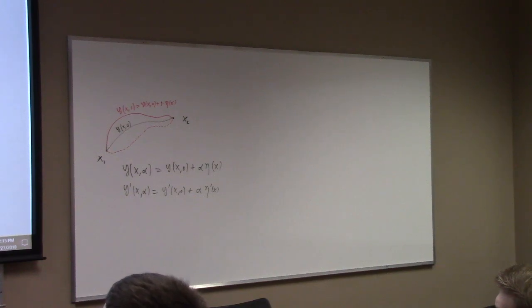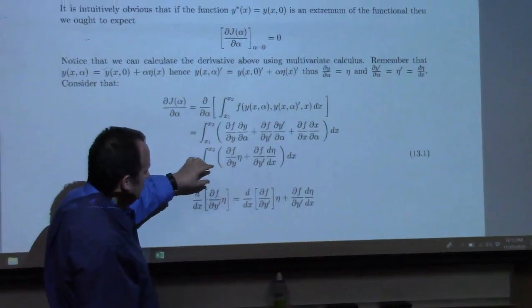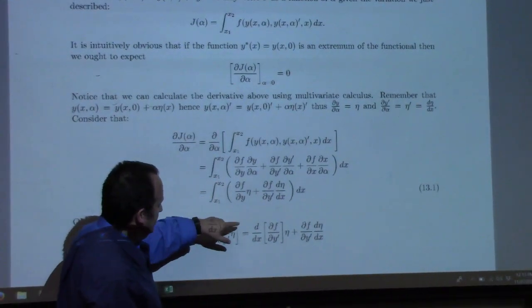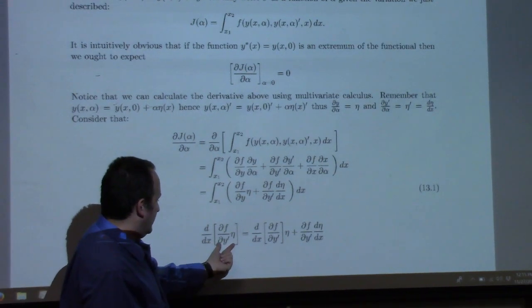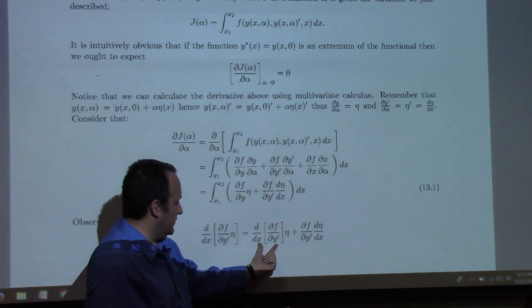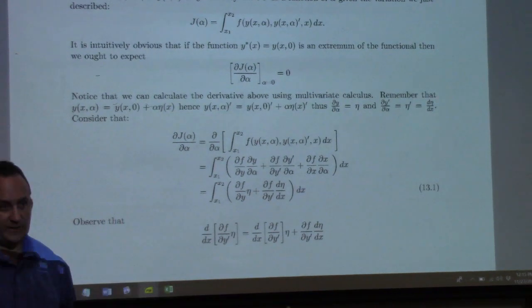Then we integrate by parts. Integrating by parts allows me to trade this d eta dx instead for a total derivative of this product and the derivative with respect to x of partial f partial y prime, like that.